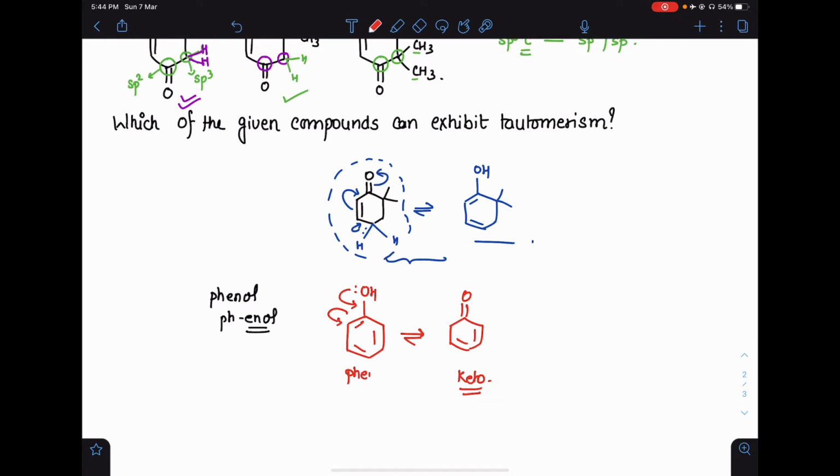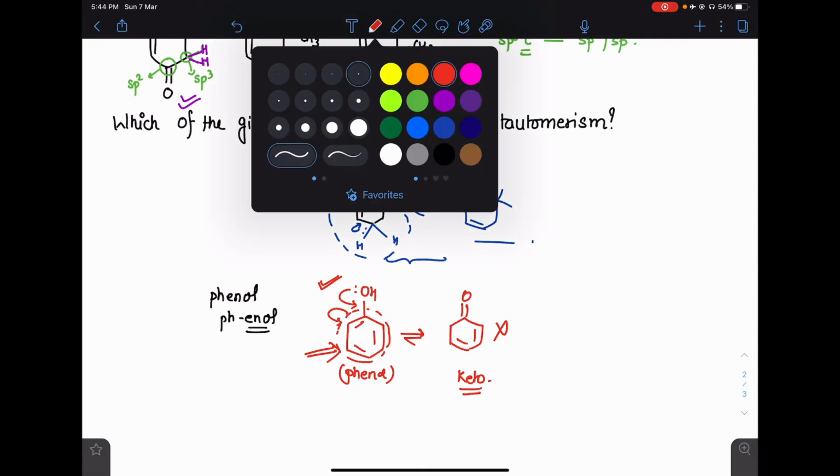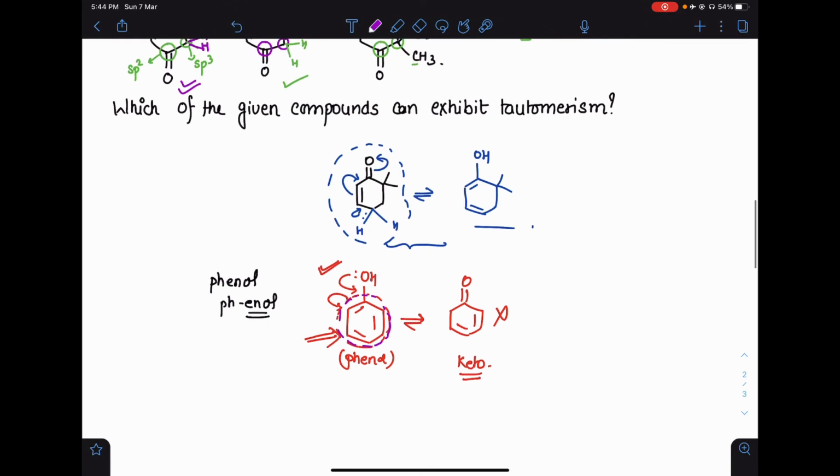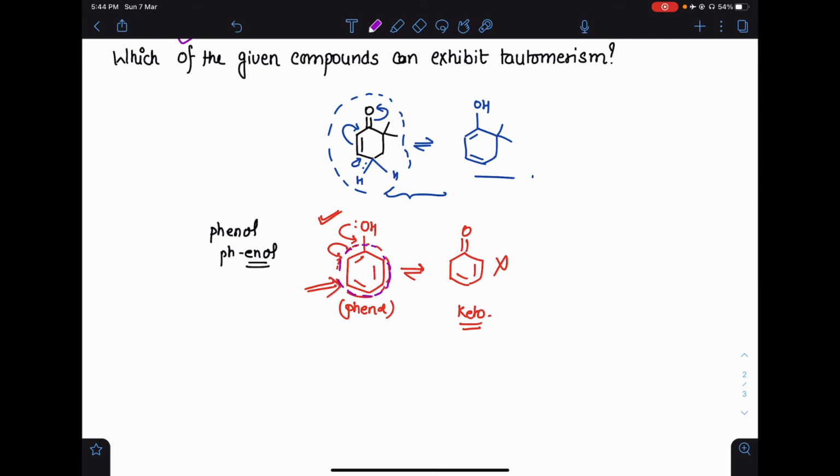This compound we know is phenol. So we know already that phenol exists as this structure rather than this structure. Why? Because in this case, this ring is aromatic, which makes this compound very, very stable. So there are instances where the enol form is stable and occurs in significant amount.